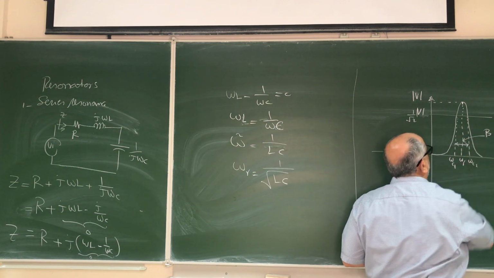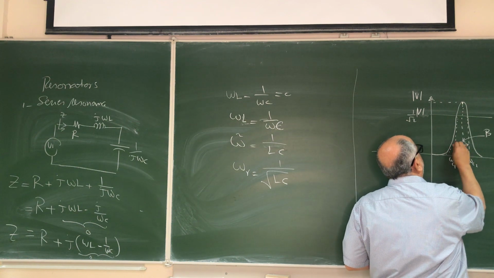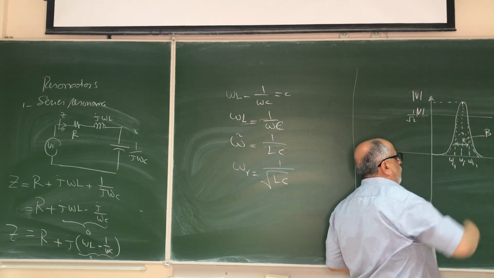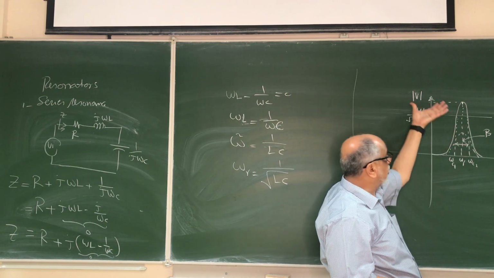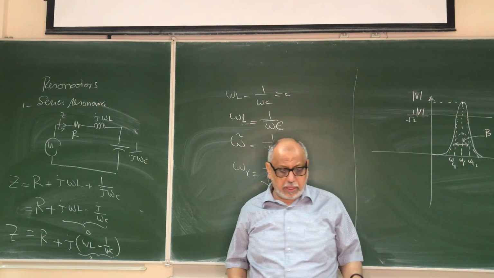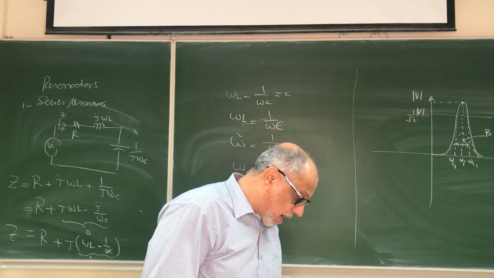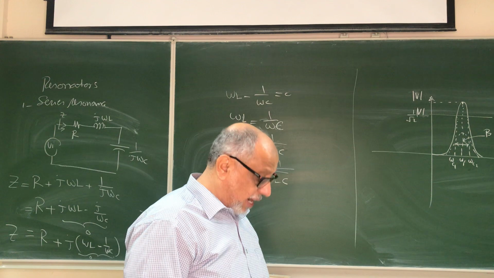And then we have what we call the quality factor, because the response can be sharp. This depends on the quality factor. If Q is high, greater than 10, it will be sharp. If Q is less, it will be wide. That is how we distinguish between them. So we can say we have high Q or low Q, sharp or wide.